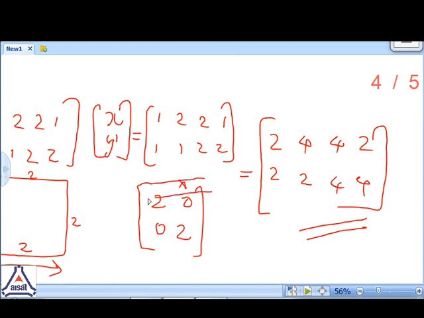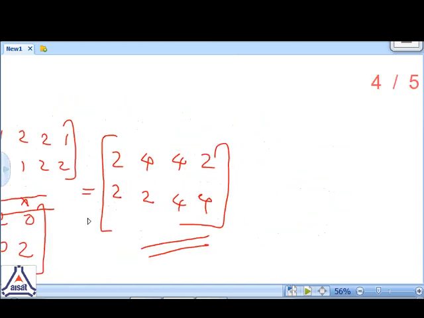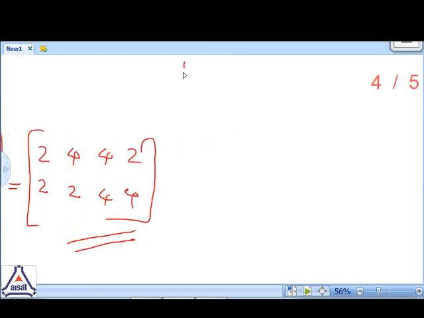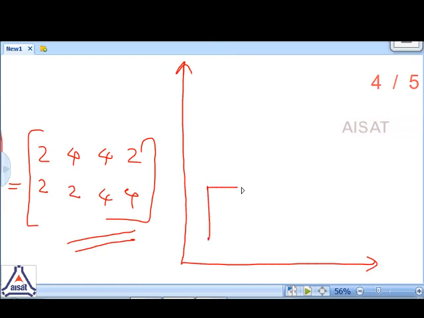So I am going to draw that with a figure. So this is our initial diagram. Then the next diagram will be, this is 1 1, 2 1, 2 2, 1 2.